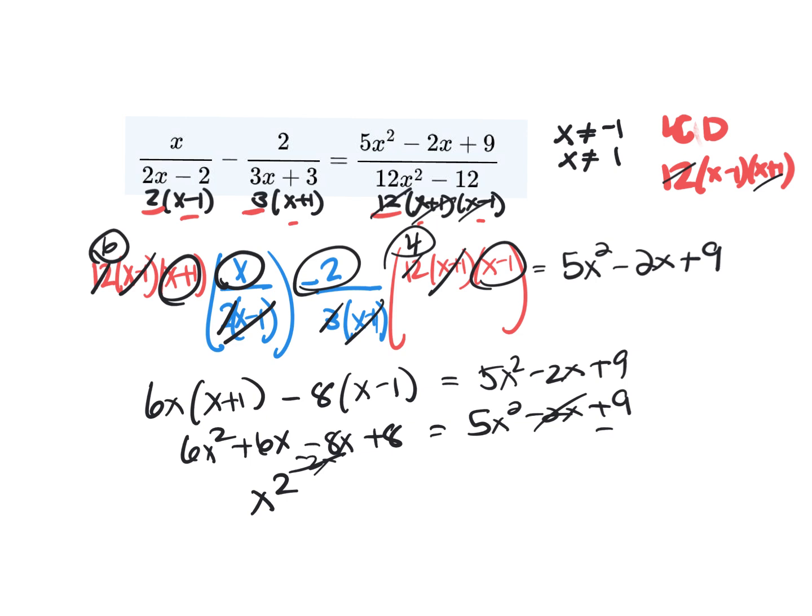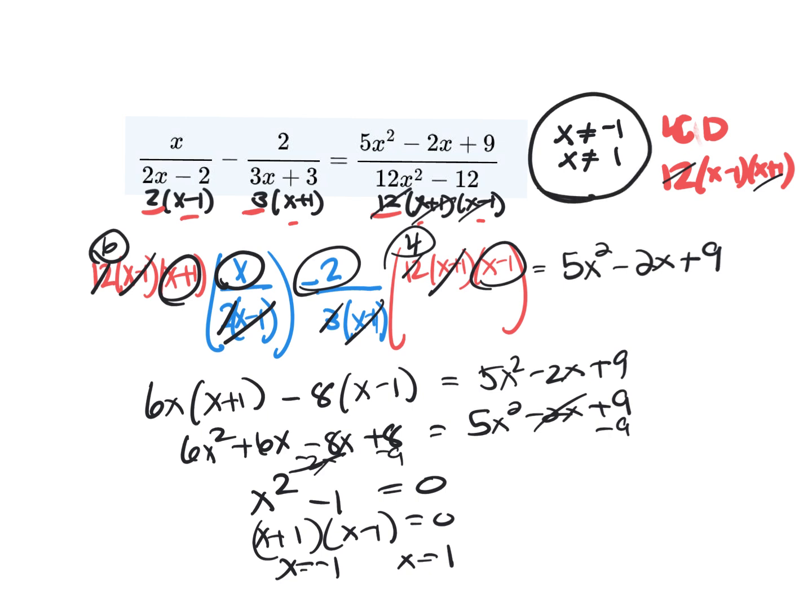When I bring this negative 9 over, that's going to give me x squared minus 1 equals 0, which is going to factor to x plus 1 and x minus 1, giving me answers of negative 1 and positive 1. But we have already said that those produce zeros in the denominator, and therefore this problem has no solution.